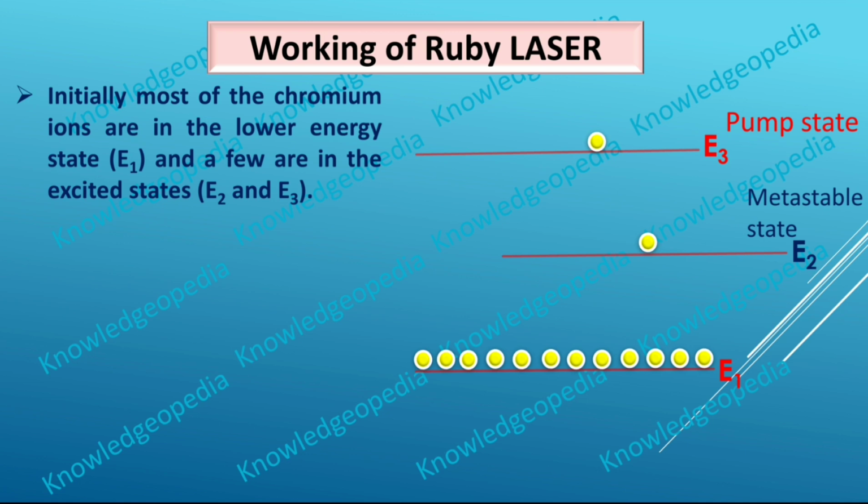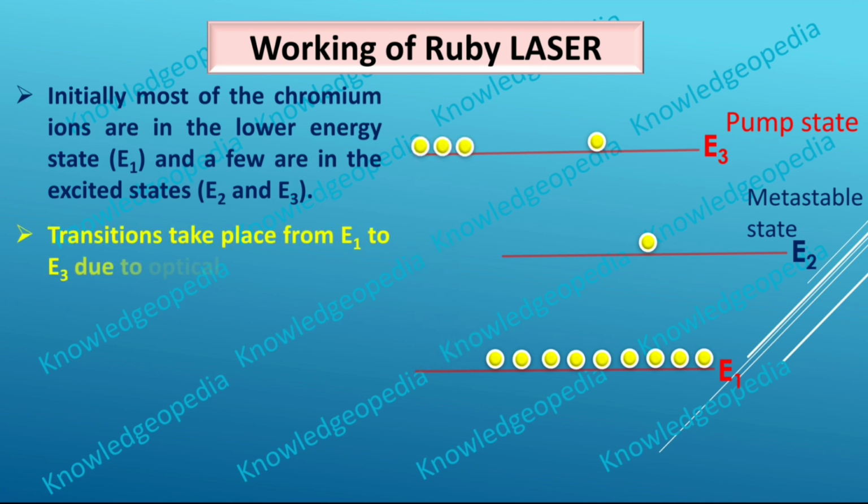So when we switch on the device, the flash lights are produced, and because of those flash lights, these chromium ions sitting at the lower energy state are excited to the pump state. So these are moving to the pump state. Transitions take place from E1 to E3 due to optical pumping, and this optical pumping is happening because of the flash light produced in the helical flash lamp, right?